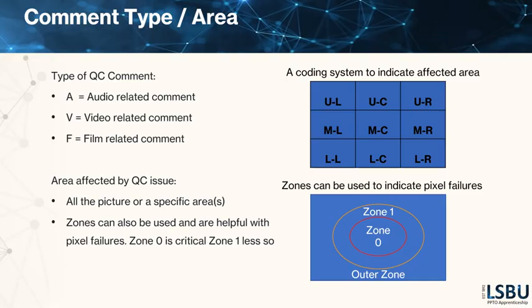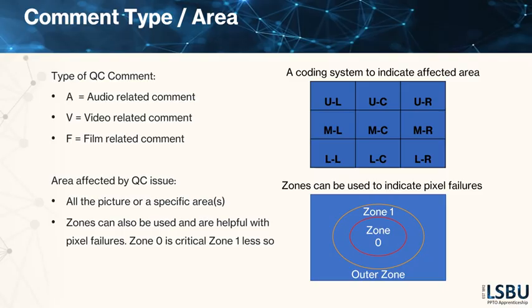Another way of doing that is to use zones. Now these are quite useful because you're often asked how annoying the fault is, so how much of an impact that's going to have on the audience. And obviously anything in zone 0, as seen there, is going to be much more annoying than the outer zone. So in our example, halfway up on the left hand side is in the outer zone.